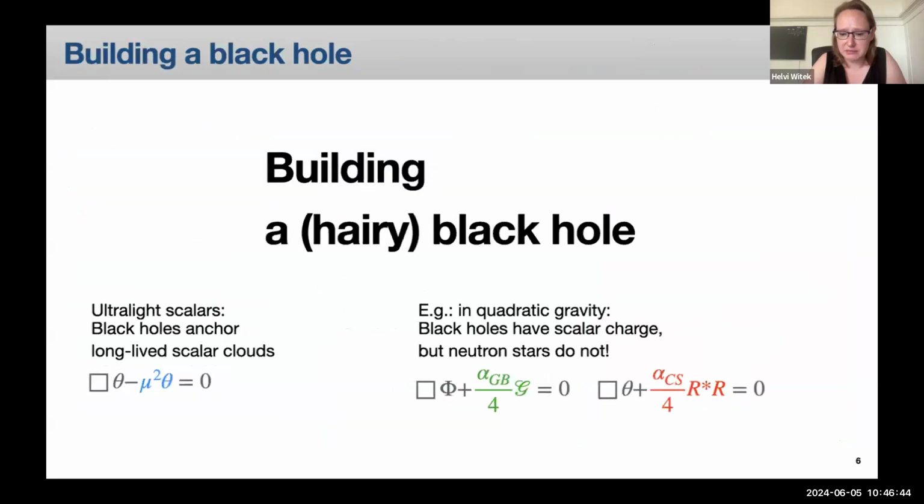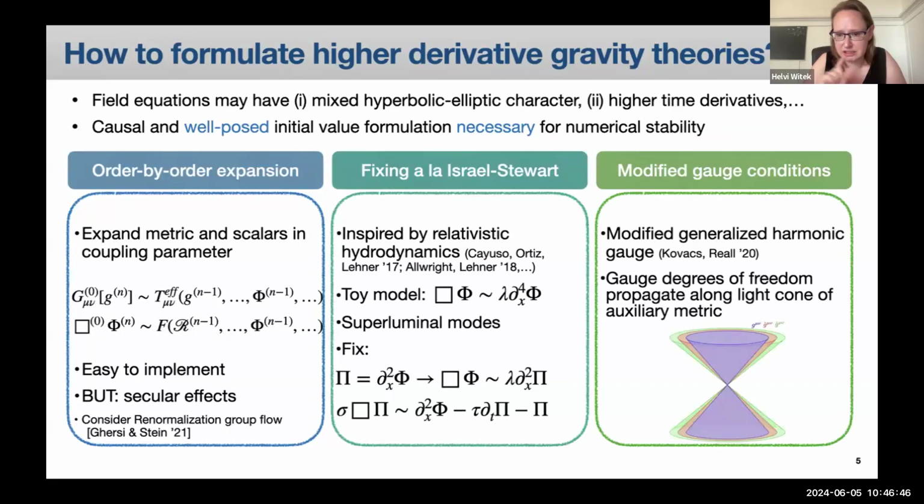The idea here is that you introduce a set of two auxiliary metrics, and your gauge degrees of freedom propagate along the light cone of these auxiliary metrics, such that all the physical degrees of freedom, again, are causal with respect to these metrics. And by now, we actually have equivalent formulations thereof using the Z4 formulation. I will show you examples of these as well.